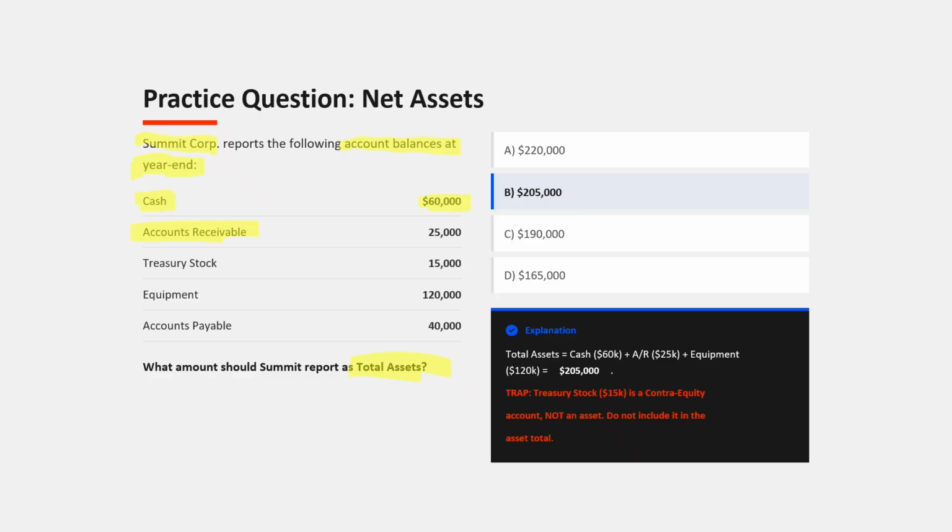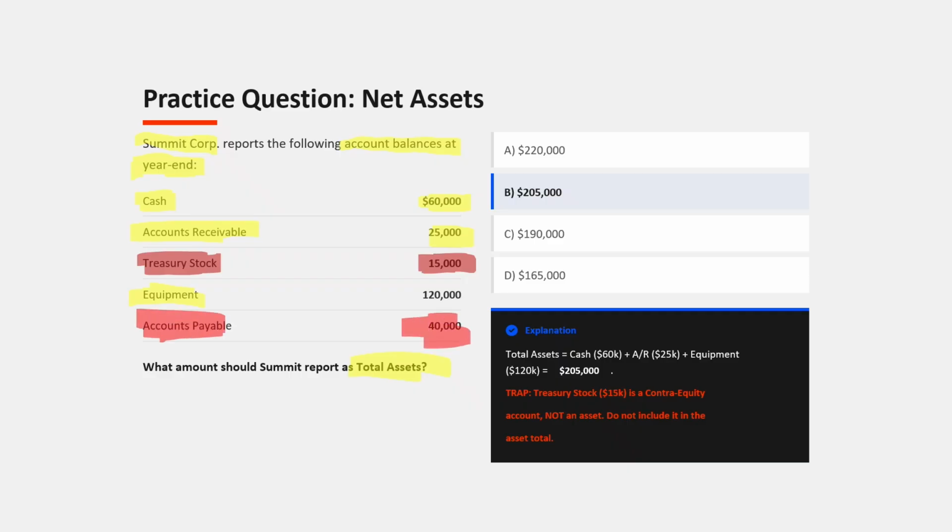Accounts receivable is also an asset, $25,000. Treasury stock, remember I told you they always like to put it there, and we all think it is an asset, but it is not. It is a contra equity account, so we are not including it. Property, plant, and equipment is also an asset. Accounts payable is a liability, it does not go there.